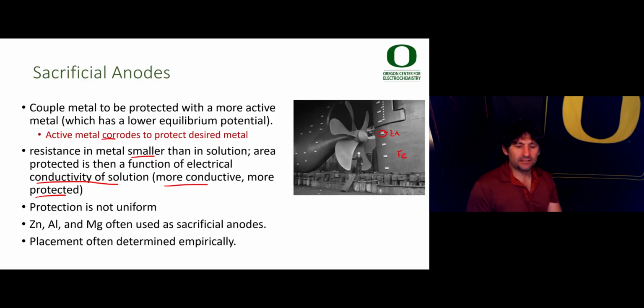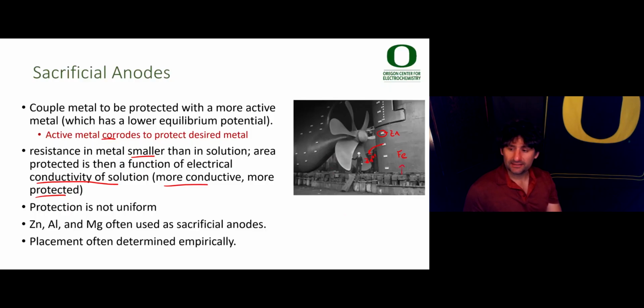Zinc, aluminum, magnesium are often used as sacrificial anodes. Protection is not uniform. You need to sort of optimize the placement of your sacrificial anodes. And it's often determined empirically. But quite simply, this can be understood as follows. The zinc, in this case, will corrode to make zinc 2+.